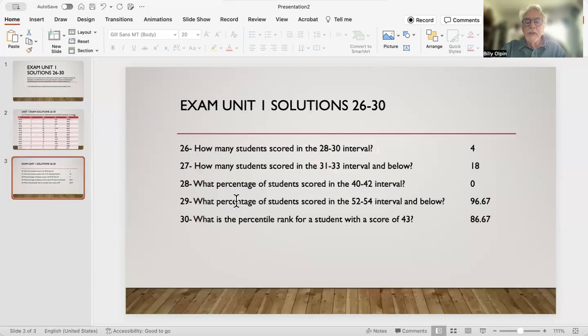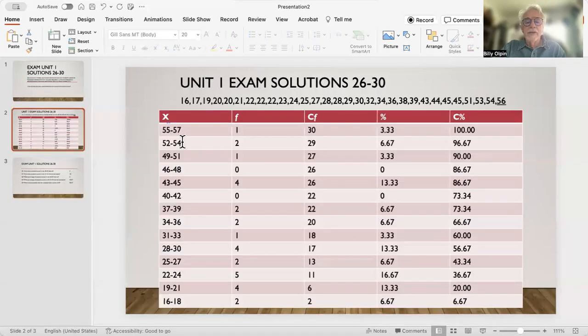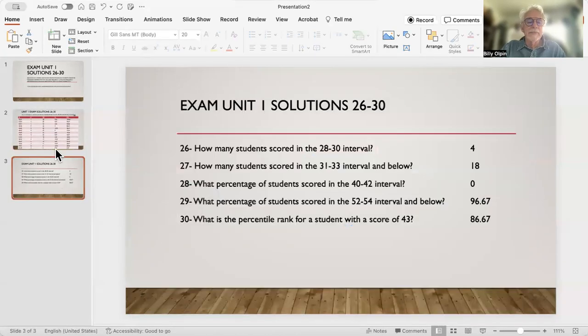Then, what percentage of students scored in the 52 to 54 interval and below? Again, and below, right? So I go over here to the 52 to 54 interval. I go all the way across to my cumulative, right? Because it's all of this. So the answer is 96.67.